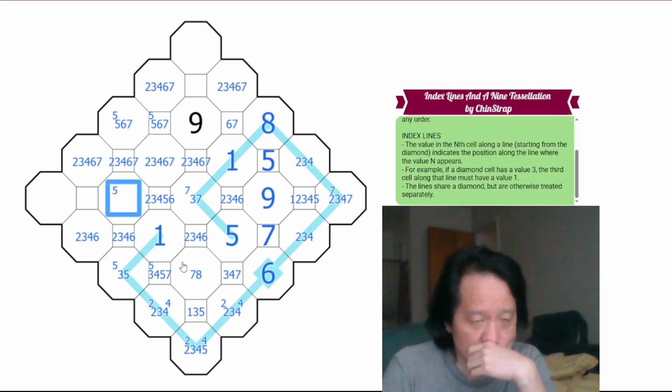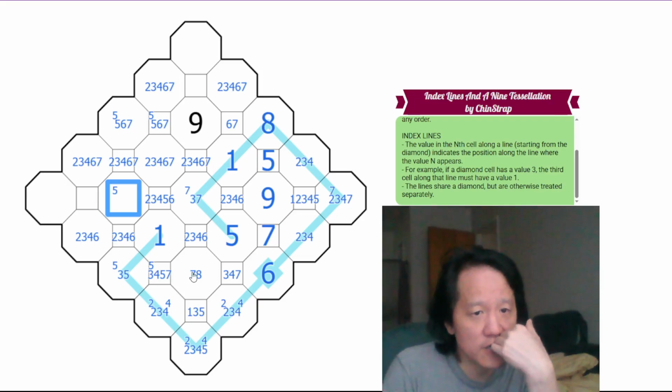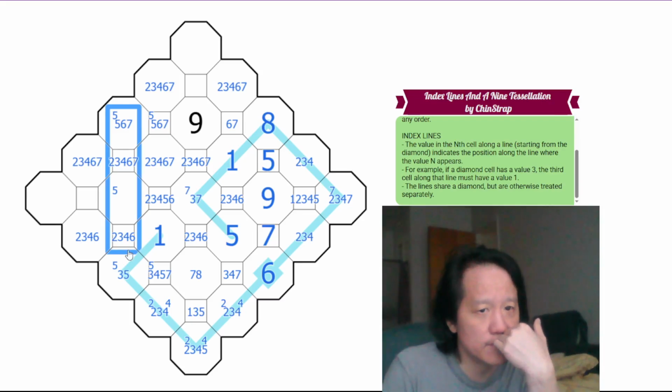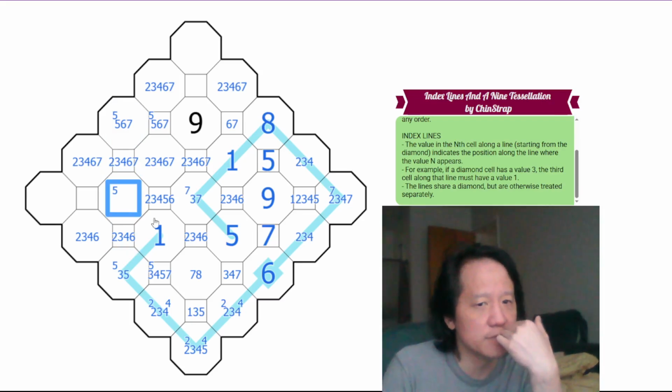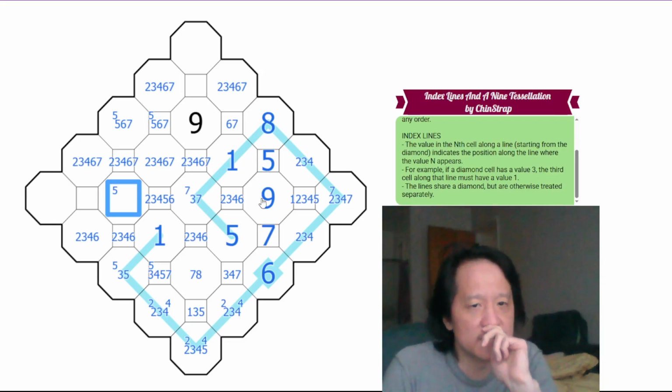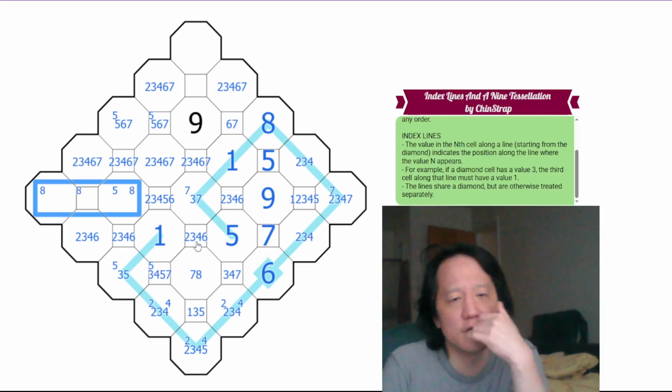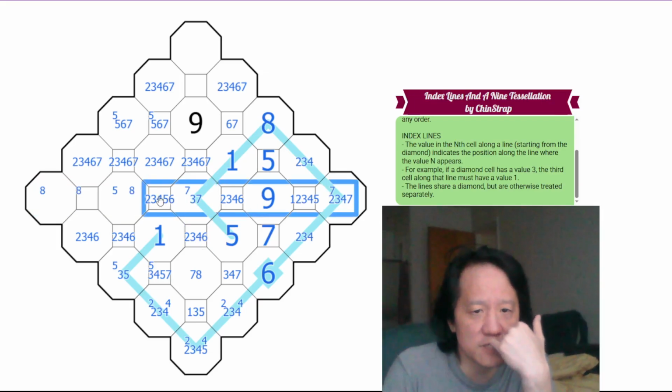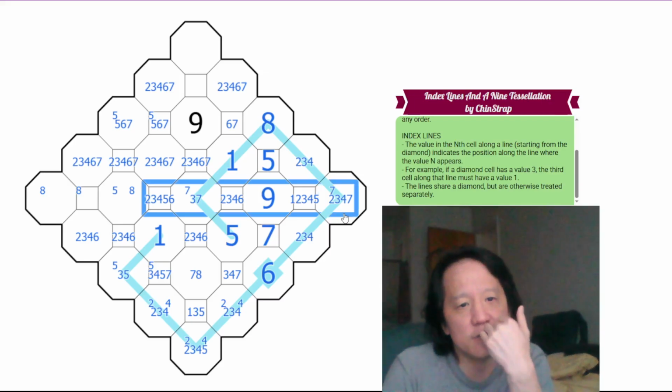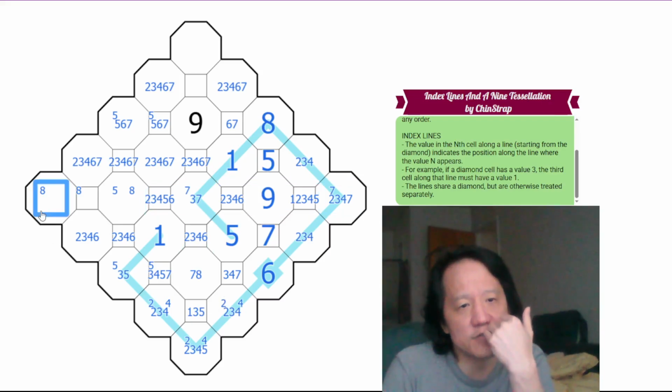This cannot be 1. There's no 8 possible here. So that means this could be up to 8. Well, we know one of these 3 here has to be an 8, because none of these can be. Obviously, if that's 8, that doesn't affect anything else.